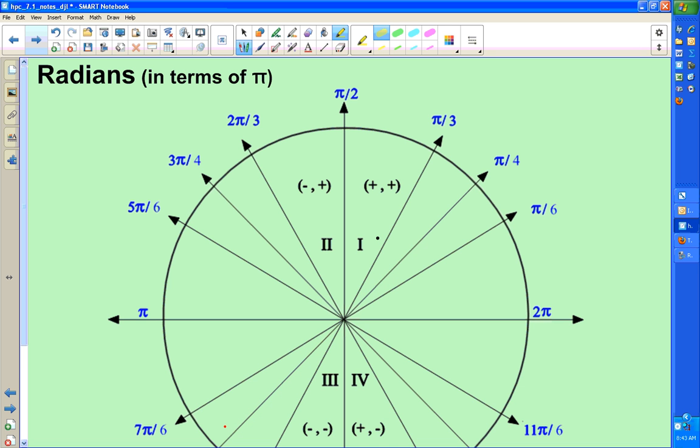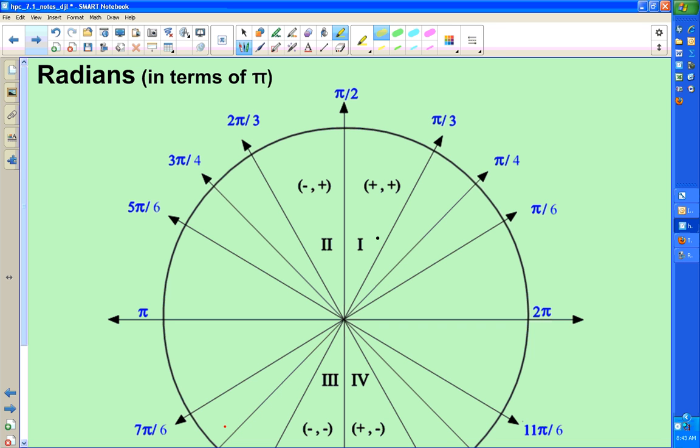Radians. Okay? How do you know that they're in radians? Because there's no degree sign. Do not fall for that trick. Just because you see a pi doesn't mean that you're in radians.